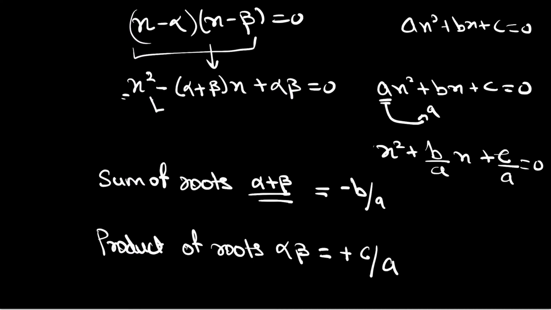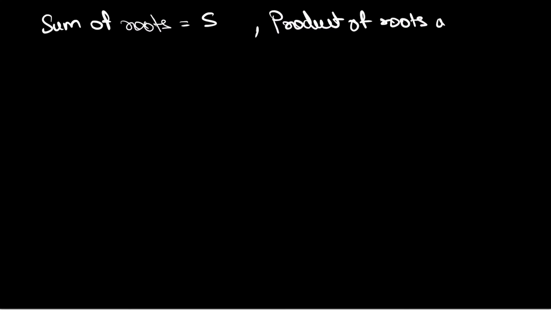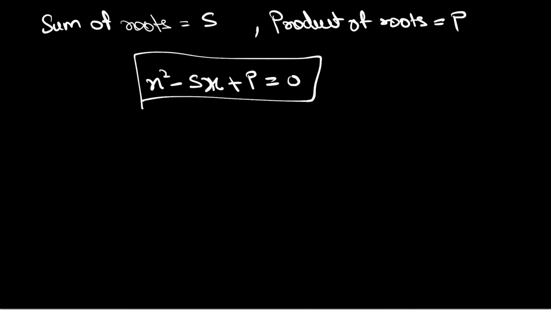This is clear from this. Minus (alpha plus beta) is b by a and alpha into beta is c by a. So by direct comparison, we get the product and sum of roots. One more thing, if we know, let's say, sum of roots as s and product of roots as p, then x square minus sx plus p is also a valid equation.